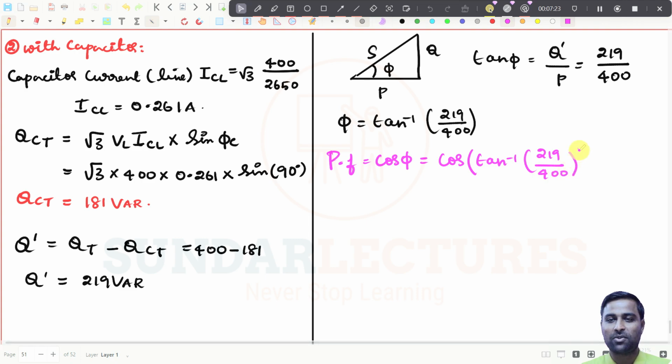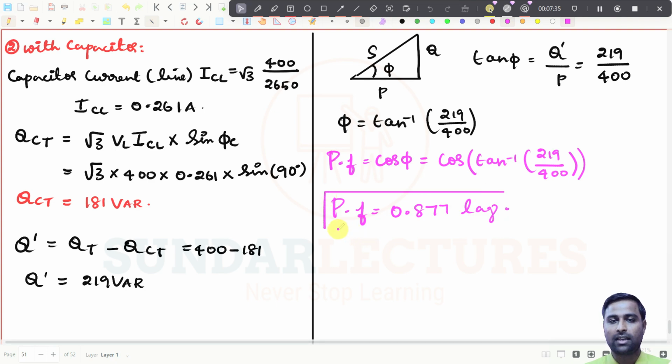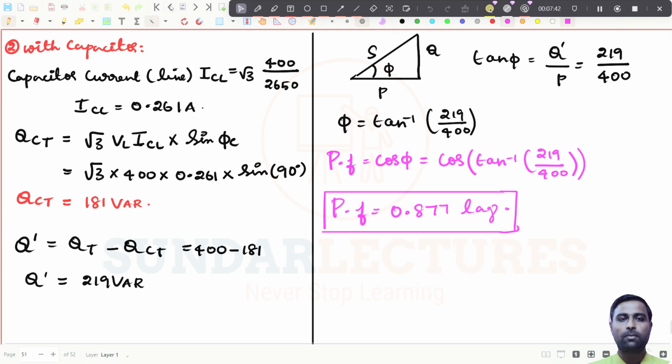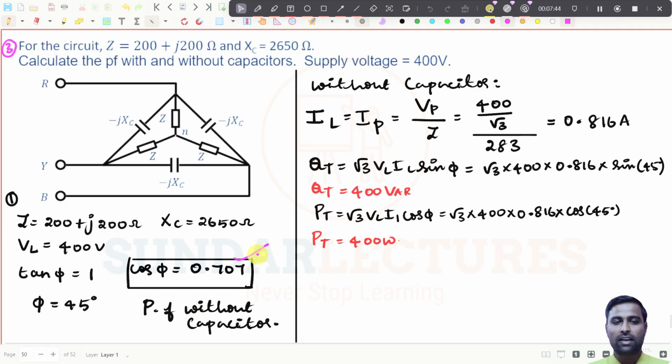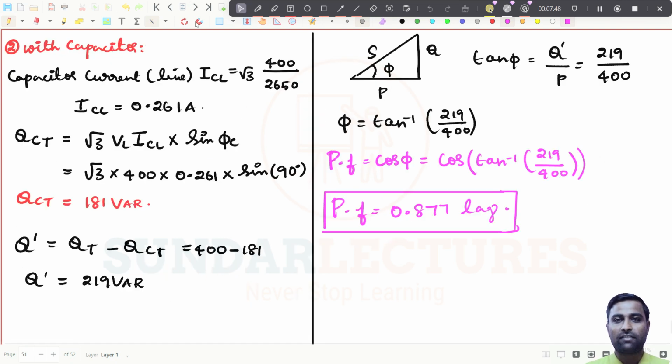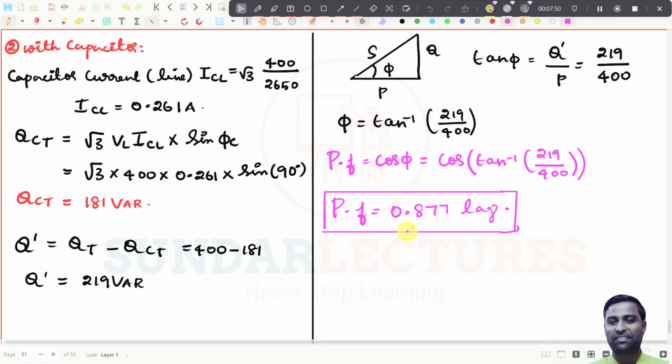The power factor will be 0.877 lagging. This value will be lagging because it is already a lagging power factor, and by the capacitor I have improved it. See the power factor improvement now: without the capacitor I am getting 0.707, and with the capacitor I have got 0.877, right?